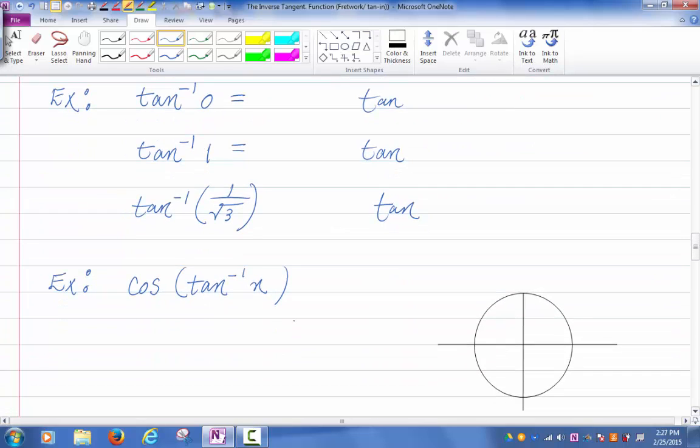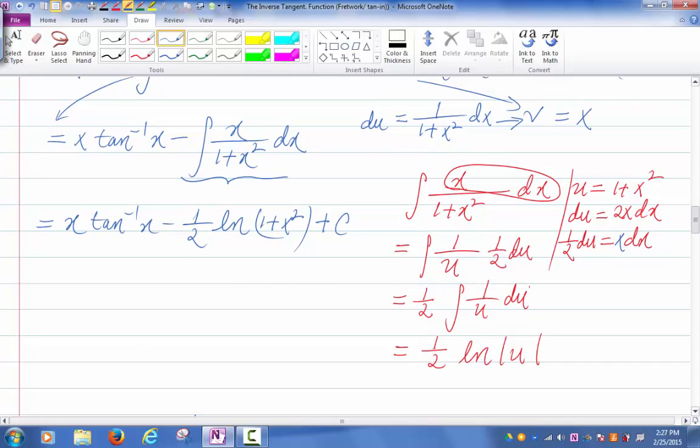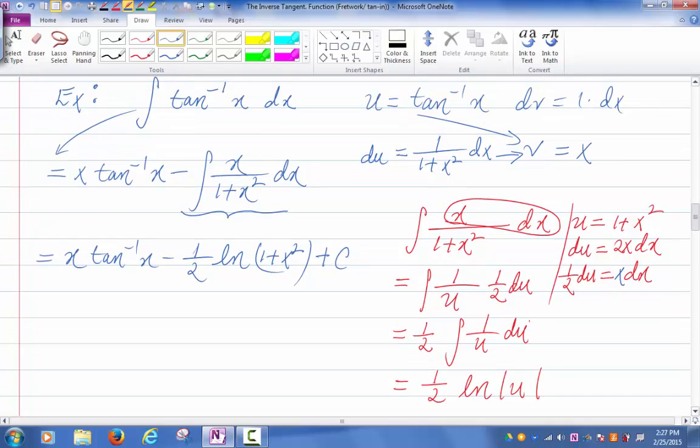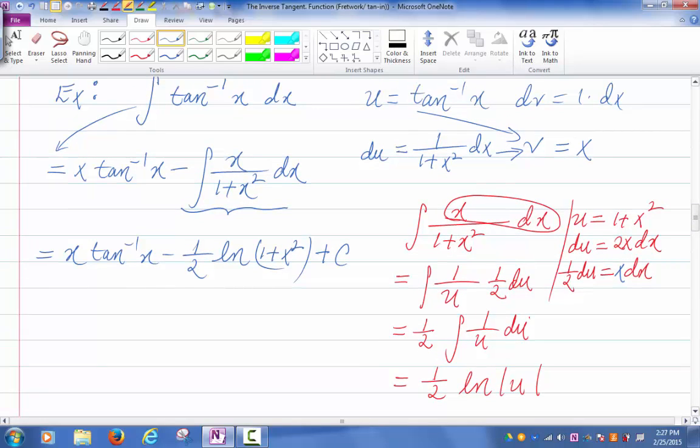What is tangent inverse of 0? Do you get the same answer using integration by parts? Integration by parts on what? This one? You want to apply integration by parts to this integral?